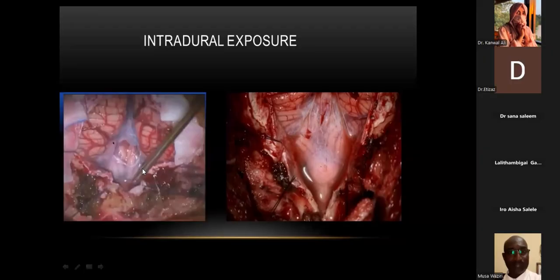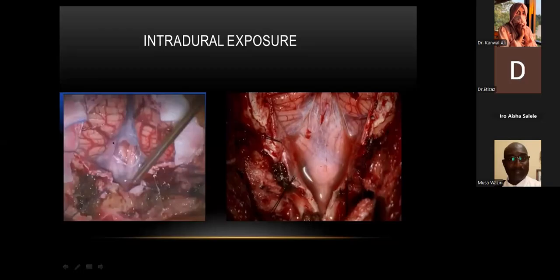Usually, if someone is pulling the arachnoid membrane, or coagulating, I will say burning the arachnoid, that will be very dangerous, and the surgeon will be also in danger, and the patient will be in a dangerous situation as well. So don't burn the arachnoid, or don't coagulate the arachnoid.